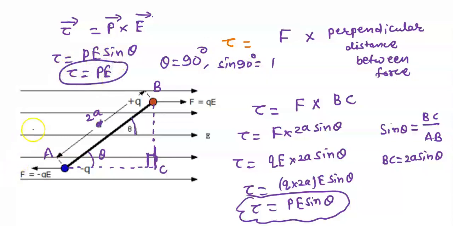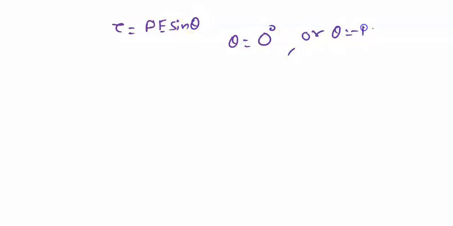If we have to find the minimum torque, tau is equal to PE sine theta, so theta will be either 0 degrees or 180 degrees, and in both cases tau will be minimum and equal to 0. I hope that this is clear to you.